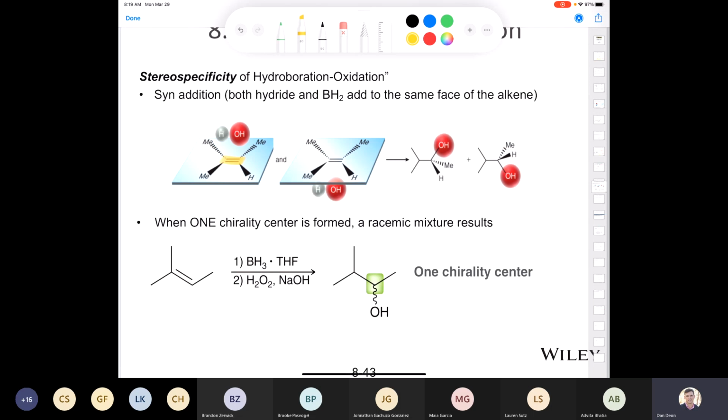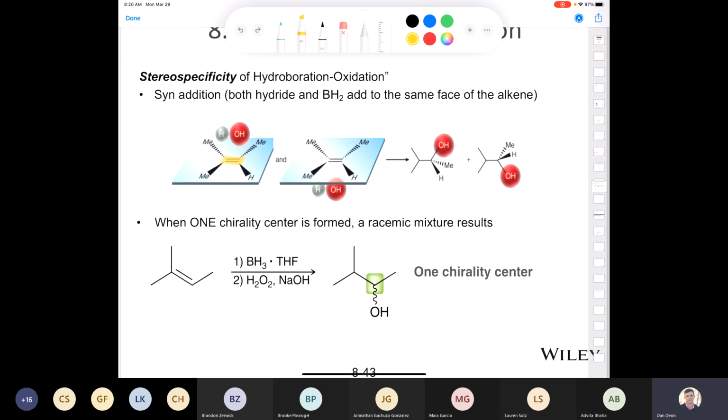That's why they've drawn it on this kind of sheet-looking thing here and here. Well, the hydrogen and the hydroxyl are going to add with an anti-Markovnikov regioselectivity, but in terms of their stereochemistry, they're both going to add with syn addition, meaning they're both added to the same face of the molecule.